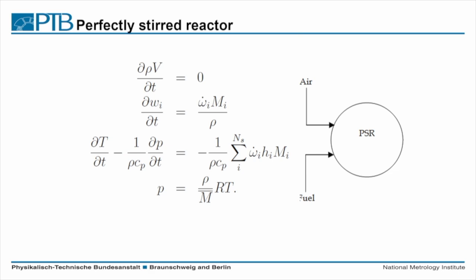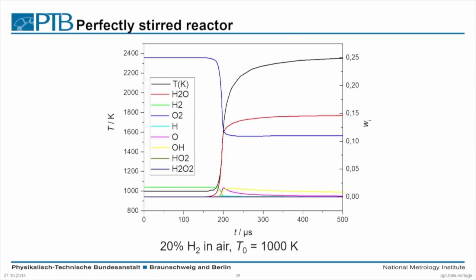And finally, this is solved or closed with the ideal gas law. So this we have seen already with Cantera, so we can use this to calculate the system with respect to time.